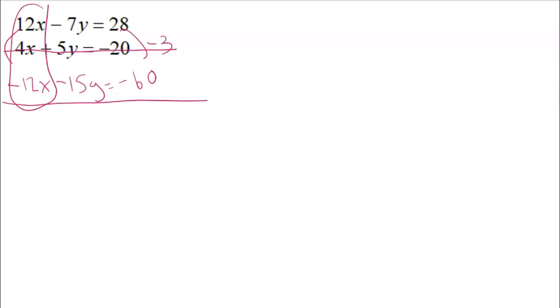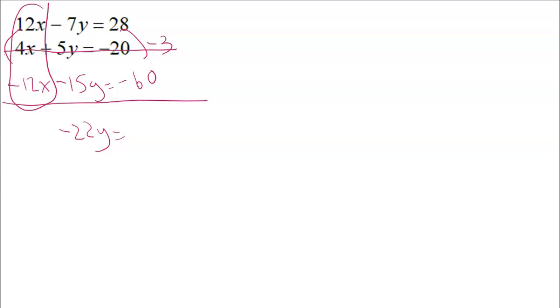My x's are now going to cancel. -7y minus 15y is -22y. 28 minus 60, 32? No. Is that -60?